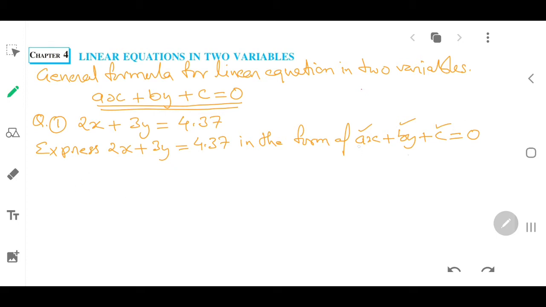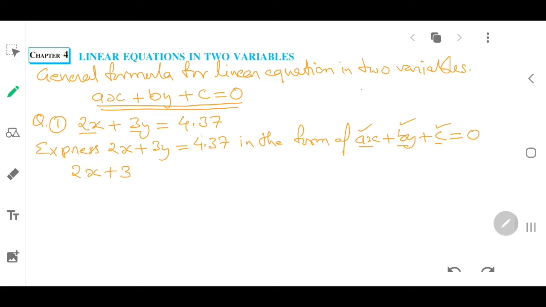So here you can see ax. In the place of ax you write here twice x. Then plus by. In the place of plus by you write plus 3y. Then plus c you have to write plus c. Now here in this equation it is given on the right hand side 4.37.